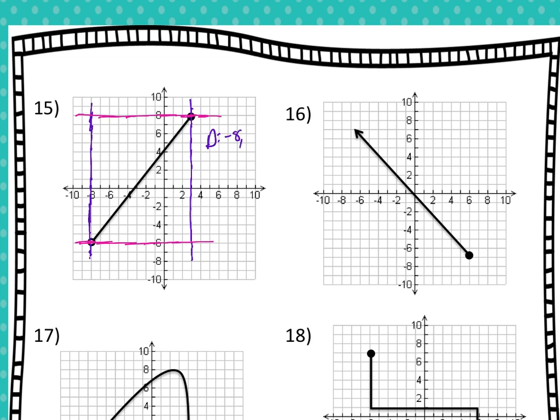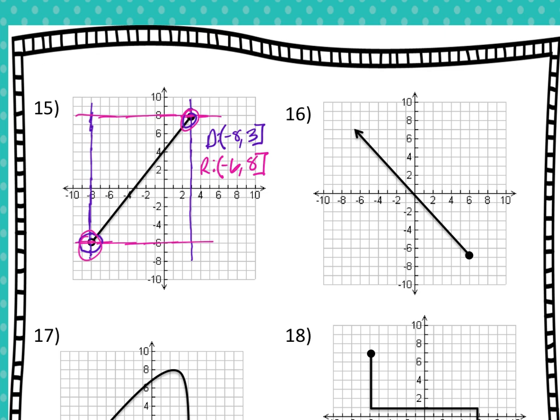And my furthest to the right is, it looks like 3. And then I want to talk about this. This is an open circle. So that means it's open here. And this is a closed circle, which means it's closed here. And then my range, my lowest number looks like it's -6. And again, it's still open at the open. It's still an open circle here. So it's a parenthesis. And then my highest, it looks like 8, and it's still closed up here, so it's still a bracket. And that's my domain and range.